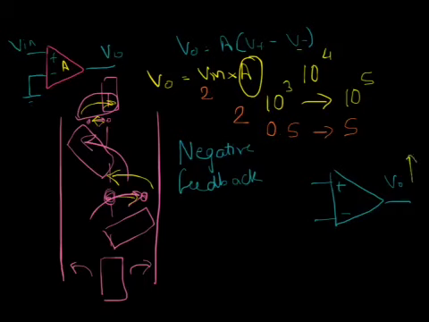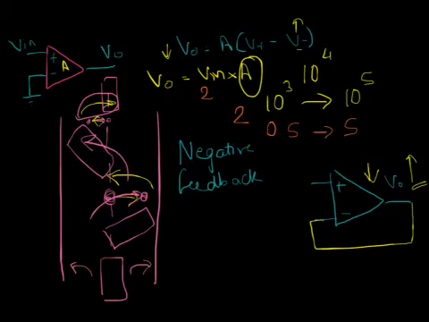We want some kind of mechanism which will pull the Vout back down. So from this formula we can see that the easiest way to pull Vout down will be to increase V minus. Now we need to find an increasing signal, but our Vout is anyway increasing. We have an increasing signal right here.